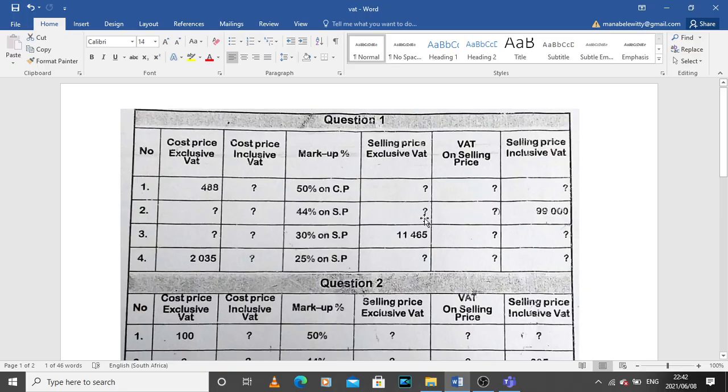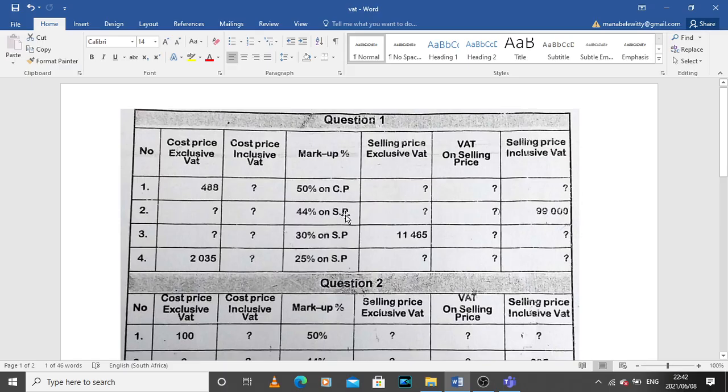These two, when added together, form this amount. You can multiply this amount by 15 divide by 115, and you'll get your VAT amount. You take your VAT amount, subtract it from this amount, and you get your amount without VAT. Or you can divide this amount by 1.15 and you get your original price.